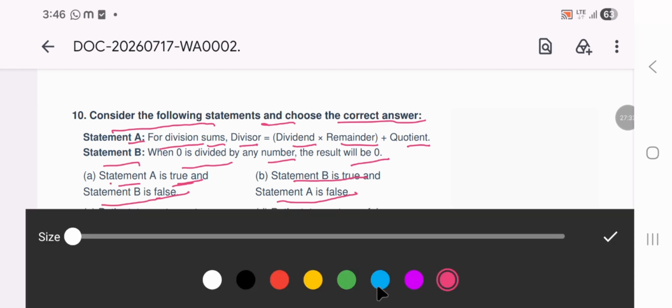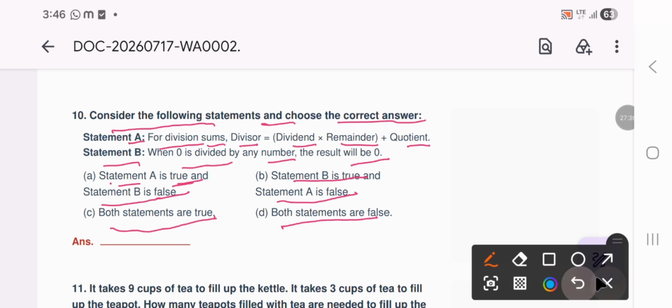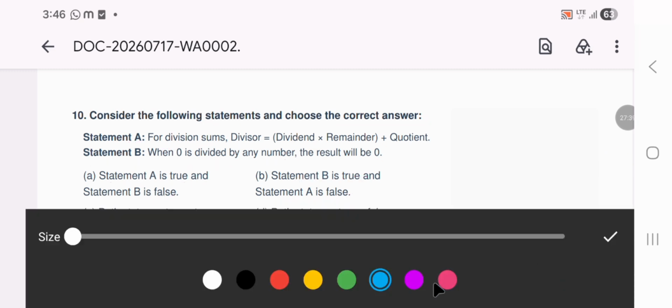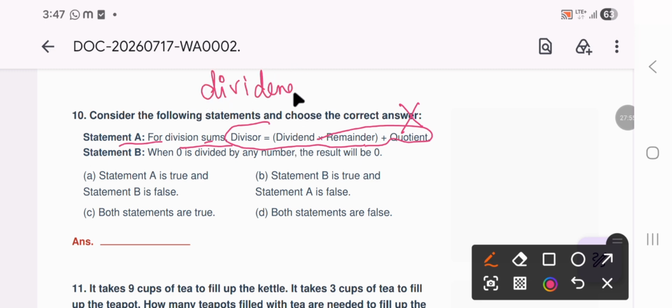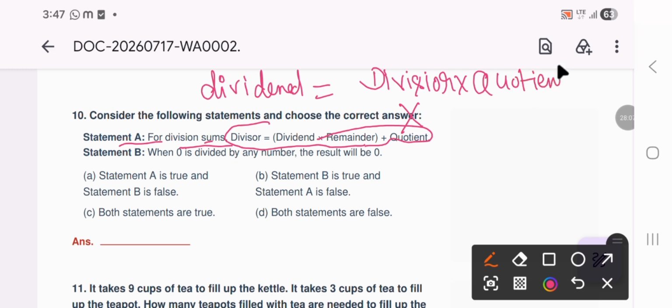Let's solve this question and then we will find the correct answer. See, statement A, division sum: divisor is equal to dividend multiply remainder plus quotient. This is wrong. The right answer is dividend equal to divisor multiply quotient plus remainder.